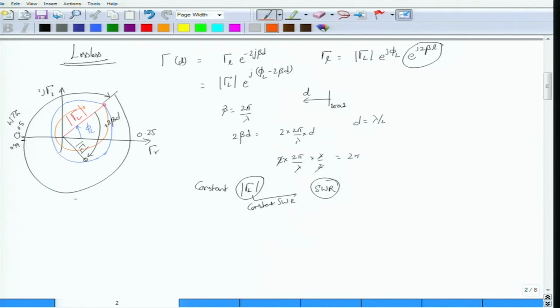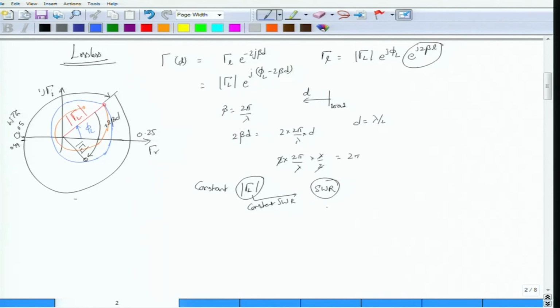So that's essentially what this spiral is, but anyway we are not going to consider the lossy case, so this is not in any way important for us. Alright, so bringing back, the constant gamma L circle is the constant SWR circle.